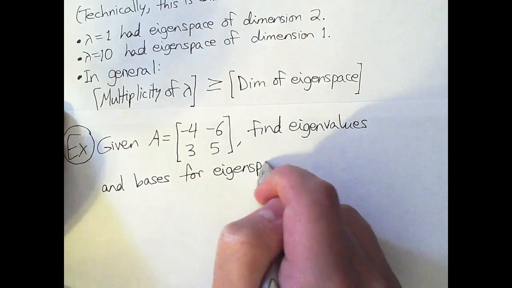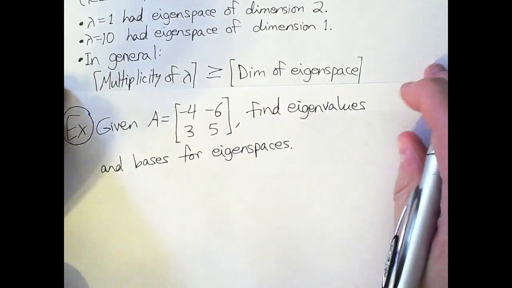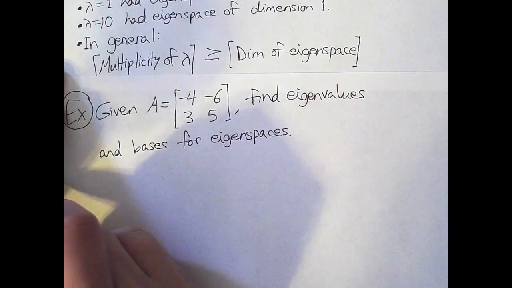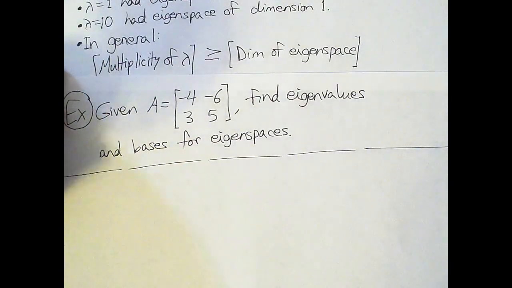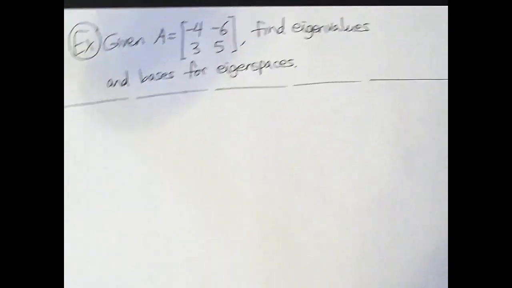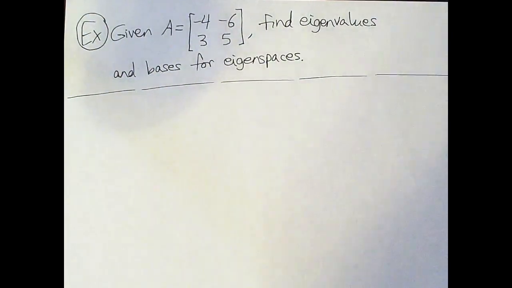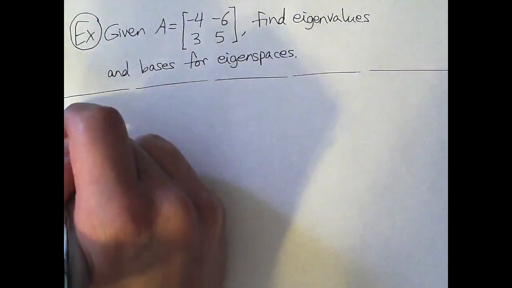So I'd like you to pause the video for a while and spend some time on this and then check back. So hopefully you saw that when it's a 2x2 problem, it doesn't take as long as the 3x3.